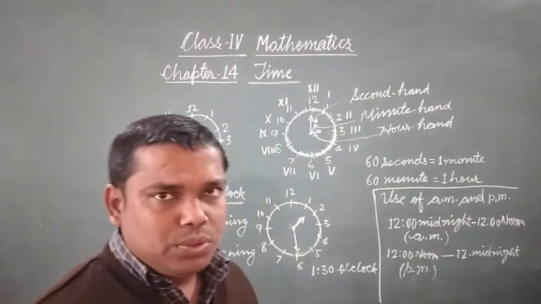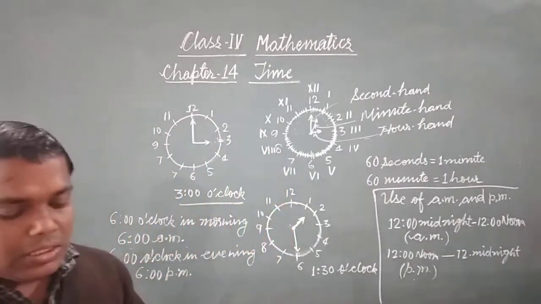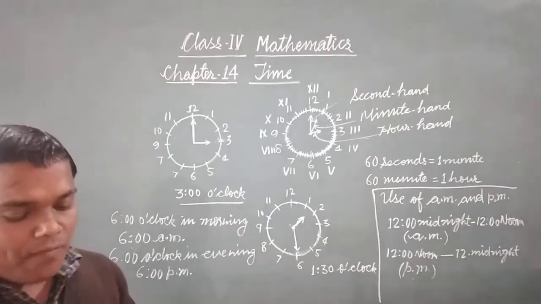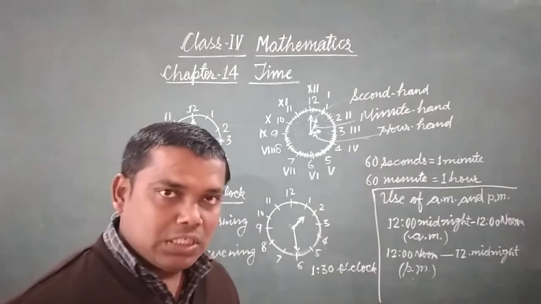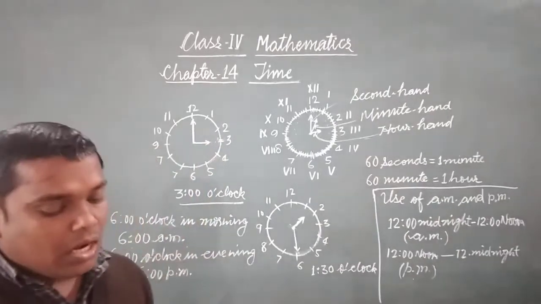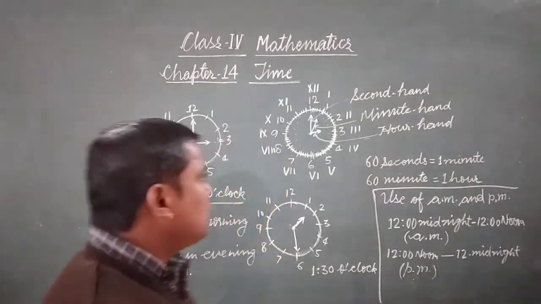So it is quite easy to understand and to do. Suppose a question is given: what is the time after 4 hours, not years, sorry, after 4 hours, of 3:20 AM.